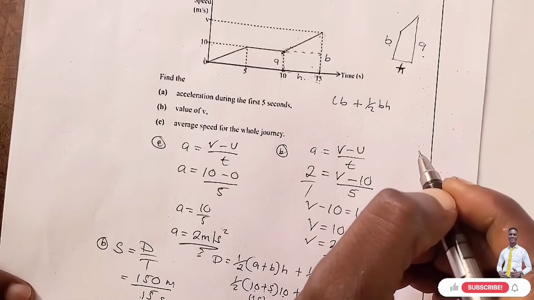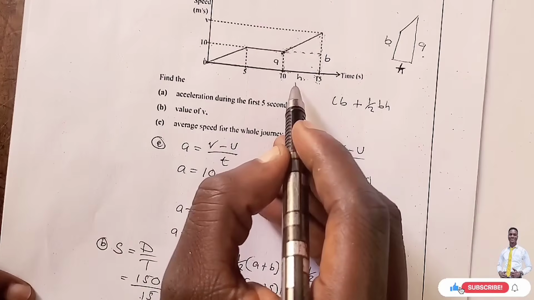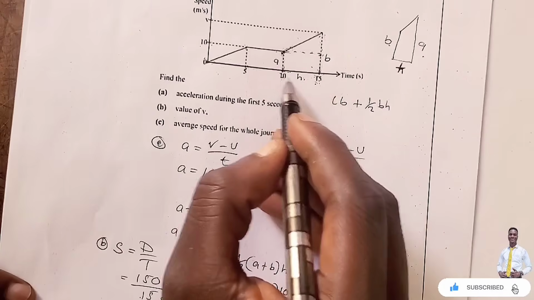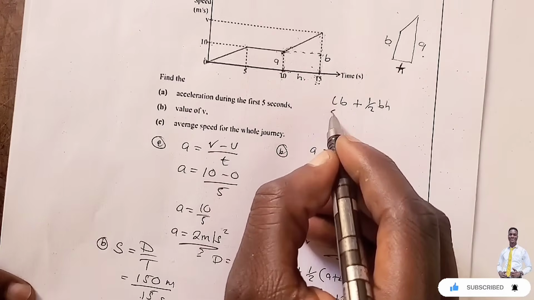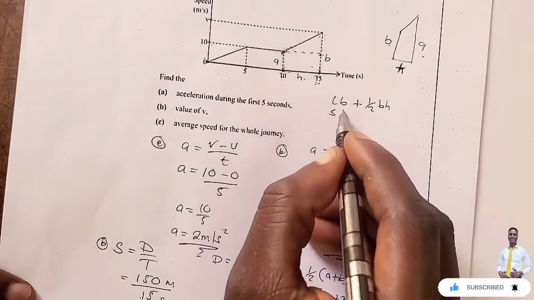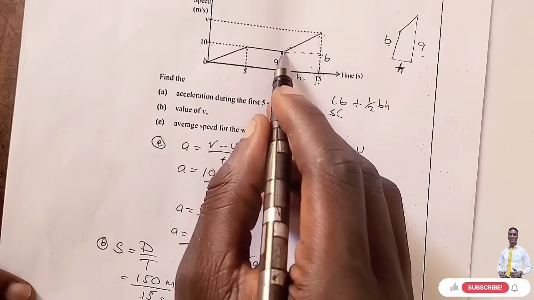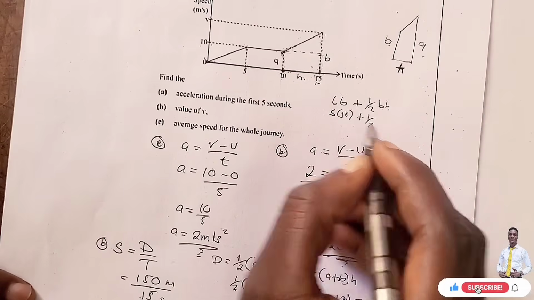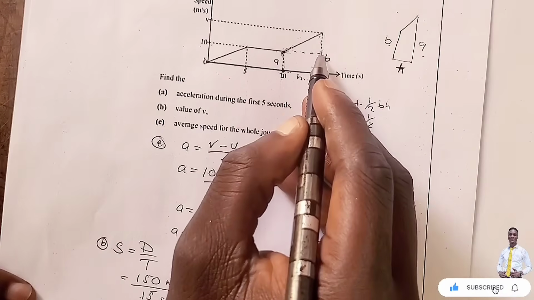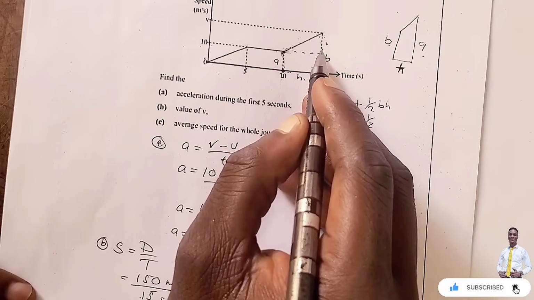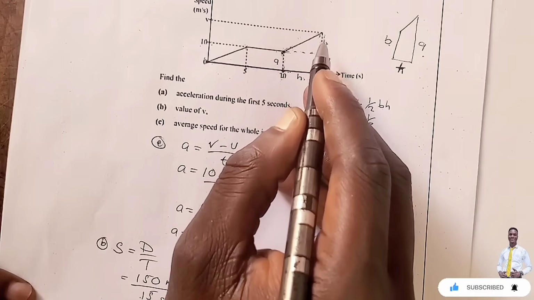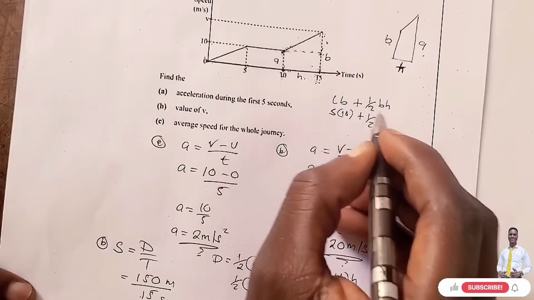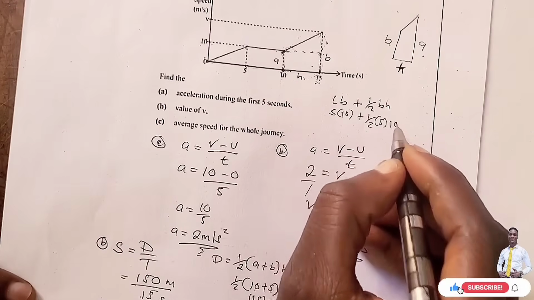Am I right? So for the rectangle, let's say this one is L and this one is B up to this point. So our L will be 5, right? 5 times our B from here to here is 10. So 10 like this. Then half, this triangle here, the H here, height 10 to 20 is what? 10. Then the B from here is 5, right? So 5 then 10.